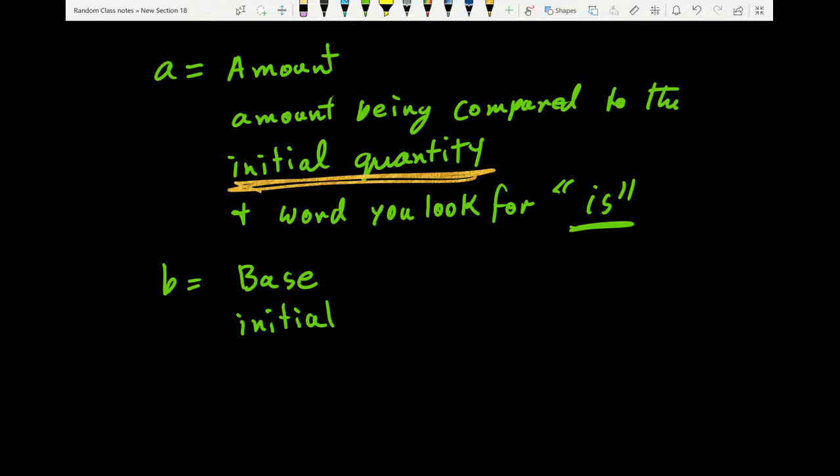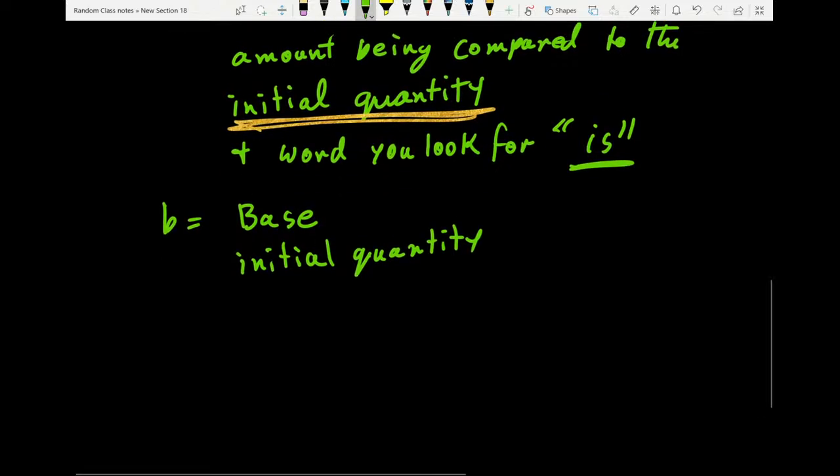Let me use quantity, so if I use the word amount, it's going to confuse you guys. So A is the one that's being compared with the initial quantity. B is the initial quantity. And the word you're looking for in the word problem is "of."